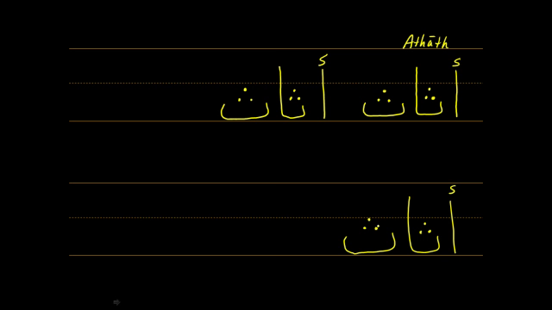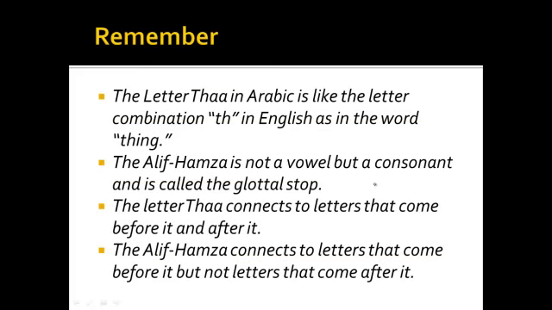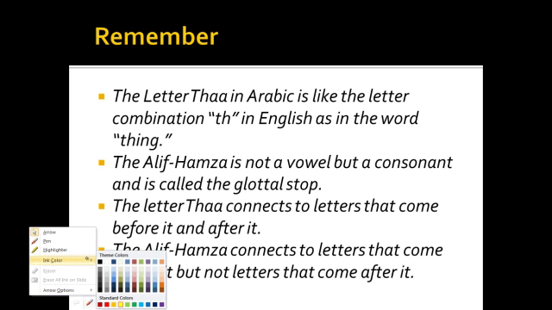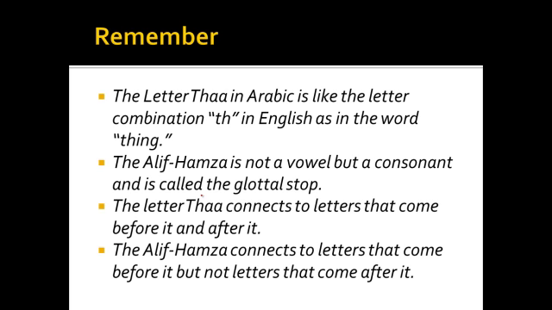Let's move to our summary slide here and recap. Just going to change this back here to red. So the letter Thaa in Arabic is like the TH in the English word thing. Thaa, as in thing. Now the Alif Hamza is not a vowel, but a consonant, and it's called the glottal stop.